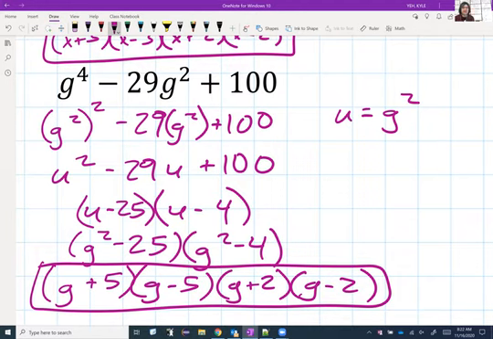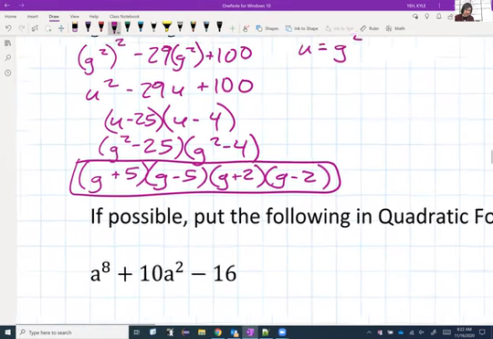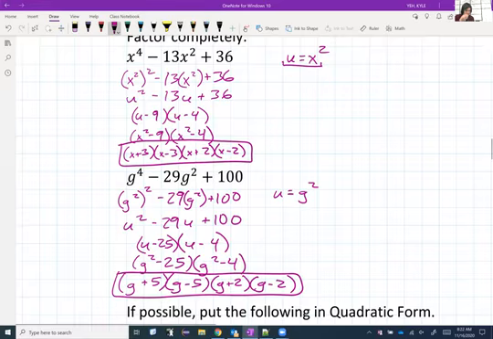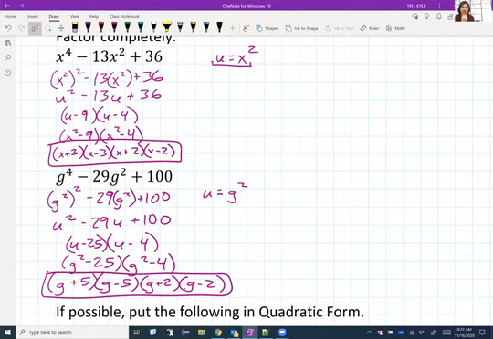So that's kind of the overview of quadratic form. Now, a natural question is, when can we use this? Can we use this anytime? Well, I want you to look at the two examples we just worked, and I'm going to point out a couple things and answer this question.